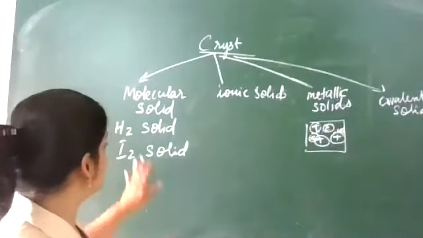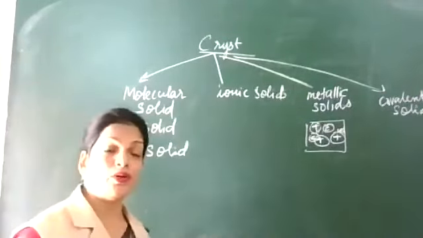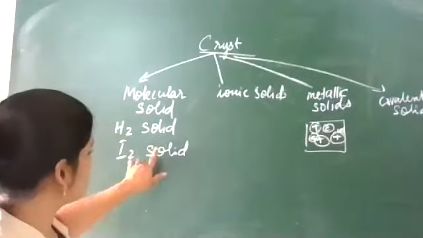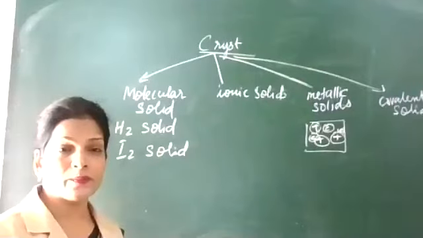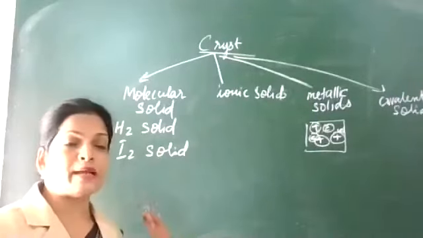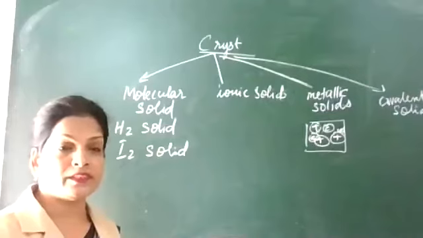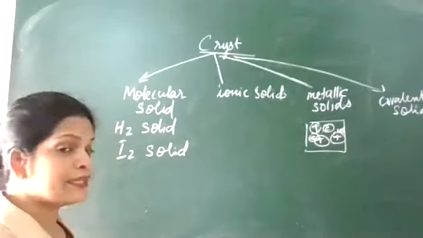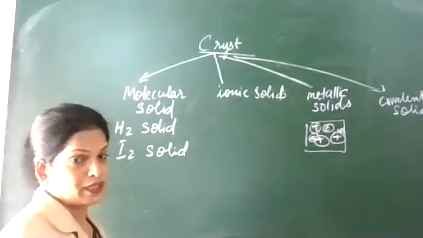So, what are the characteristics of molecular solids? In molecular solids, the constituent particles are molecules. There can be different types of force of attraction between the constituent particles in a molecular solid. We will be seeing the force of attraction in molecular solids.